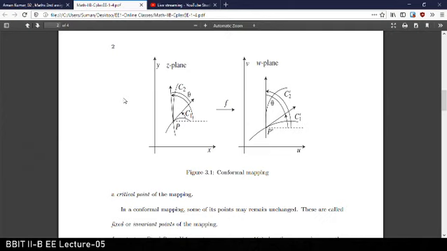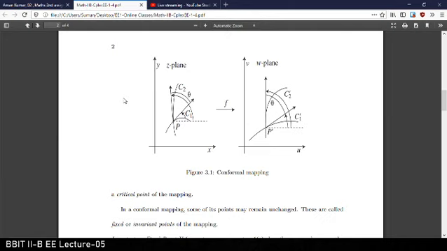So 0 will be mapped to 0 only. There is no change in coordinates after the mapping. These type of points are called invariant points or fixed points. Means even after the mapping, those points will not be changed. They will remain in the same position.